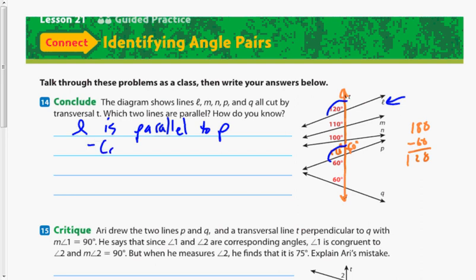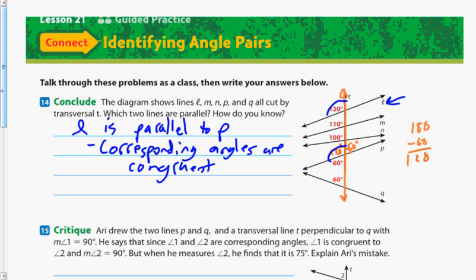Because corresponding angles are congruent. So it's kind of tough. There are some things you had to figure out there and some specific angles you had to look for, but we found some corresponding angles that were congruent.